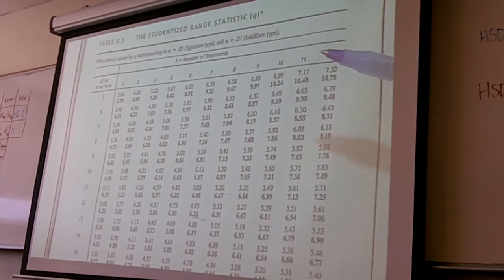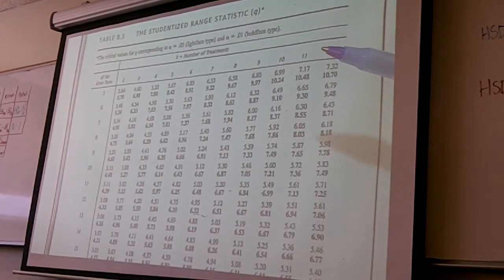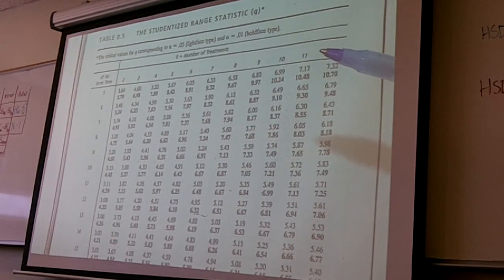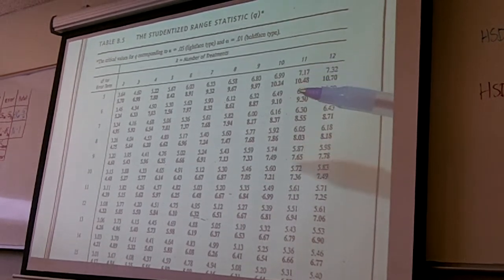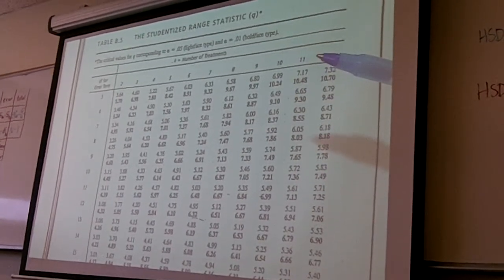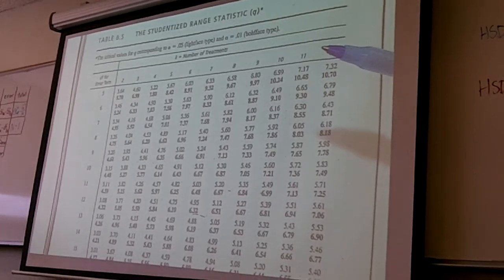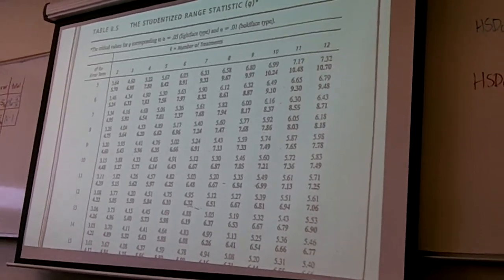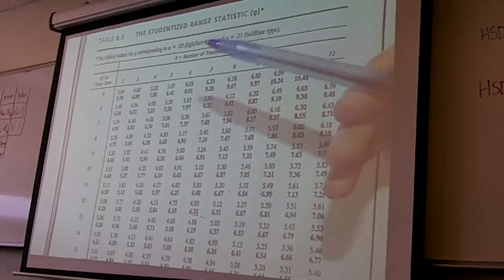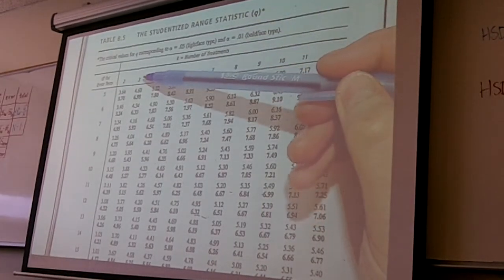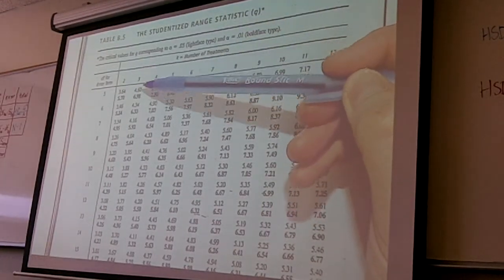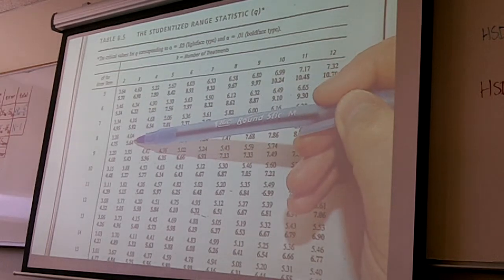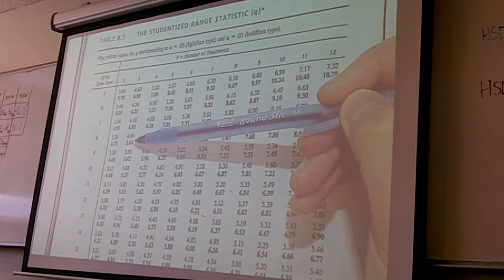What's the denominator for our F observed? MS error. So the degrees of freedom we need here is degrees of freedom error, which is 8. So we're going 3 here, down to 8. And it turns out our Q is 4.04.